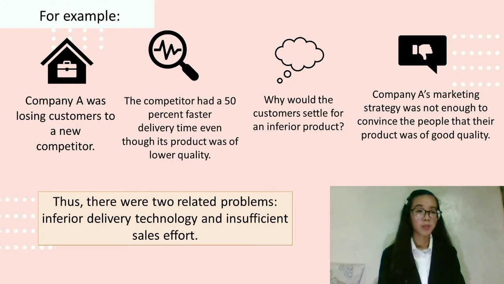The managers of Company A could not understand why customers would settle for an inferior product. It turns out that Company A's marketing strategy was not enough to convince people that their product was of better quality than their competitor's. Thus, there were two related problems. First, inferior delivery technology, and next, insufficient sales effort.